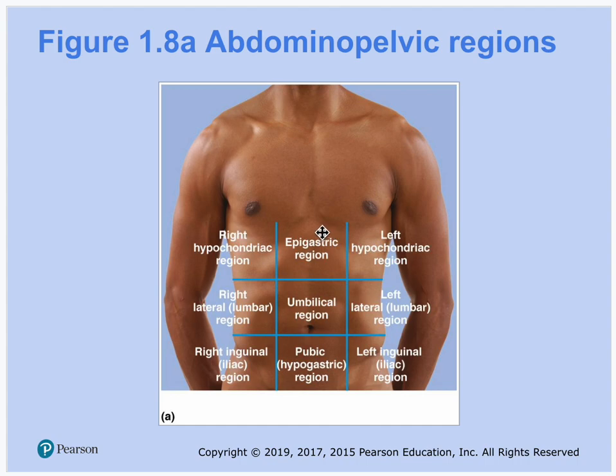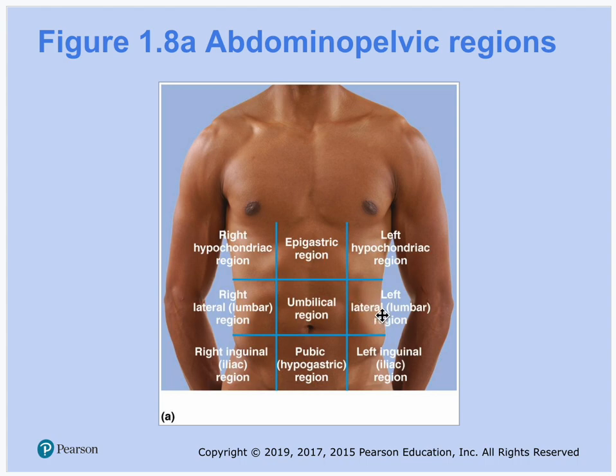Epigastric and hypogastric are related to one another. We might know that gastric relates to the stomach. Epi is covering, hypo is below. So the epigastric is over the stomach, and the hypogastric is below the stomach. Here we can talk about lateral. Lateral and medial are other terms that we use in anatomy.